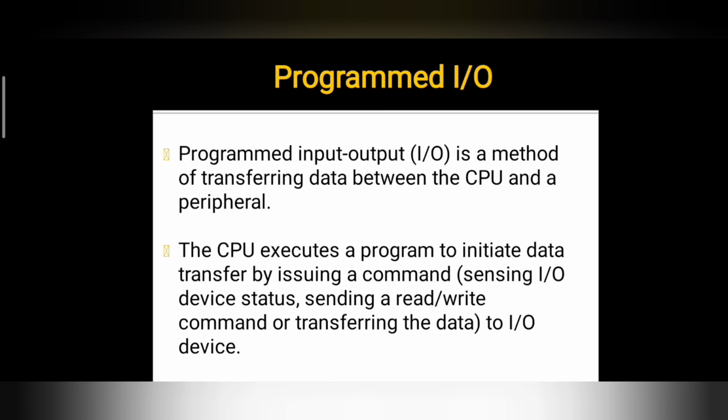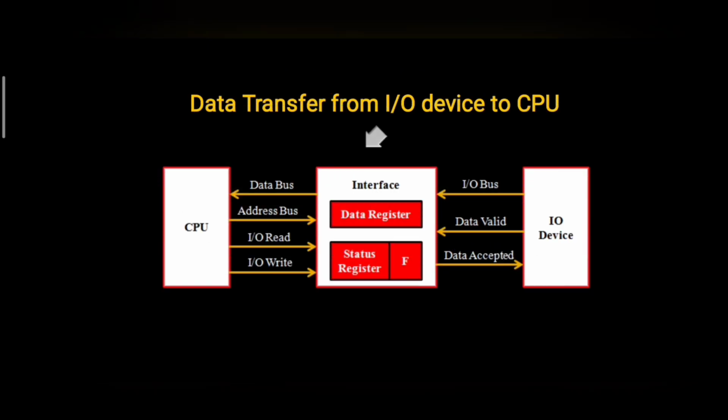Now in this particular mode, the CPU usually executes a program to initiate a data transfer by simply issuing a command to the I/O device. This command could be either to sense an I/O device status, or to send a read-write command, or to simply transfer the data. So basically your CPU is going to execute a program and later on it is going to issue a command to the I/O device.